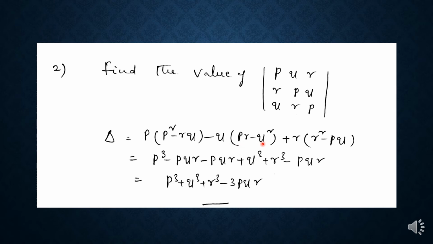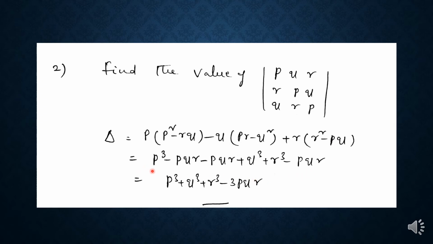So minus q into pr minus q square, plus now the third element r into, delete this row and this column, then what we get is q, r; r, p. What is the determinant value of this one? r into r square minus p into q, pq. Now by expanding this, p into p square, p cube minus pqr, minus q into minus q square, that is plus q cube, plus r cube minus pqr.